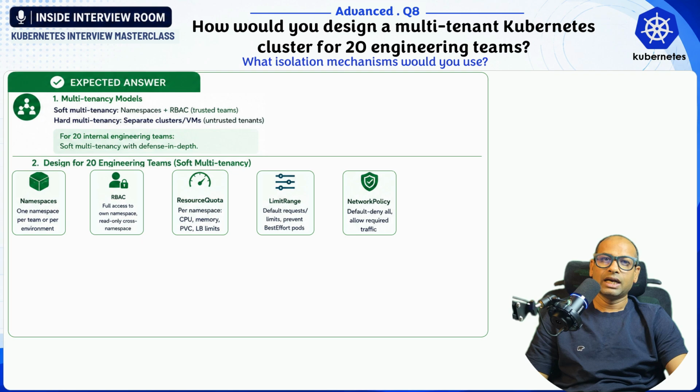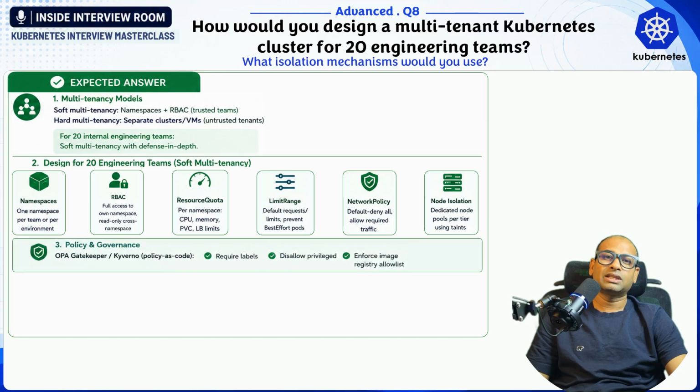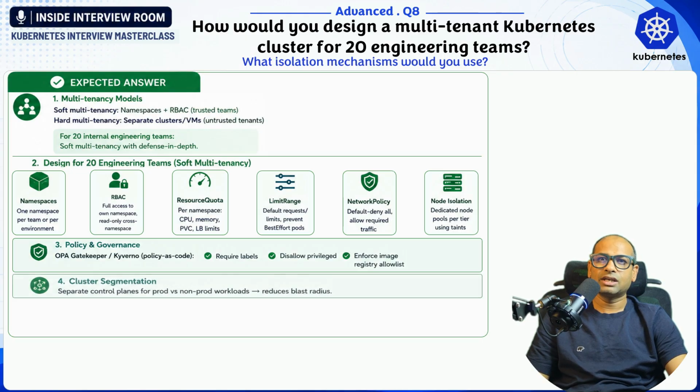Limit range: default request and limit so nobody sneaks in a best effort pod that starves the node. Network policy: default deny everything, then allow only required traffic. Node isolation: dedicated node pools per team, enforced with taints. Above that, governance: OPA Gatekeeper or Kyverno for policy as code, require labels, disallow privileged containers, enforce an image registry allow list.